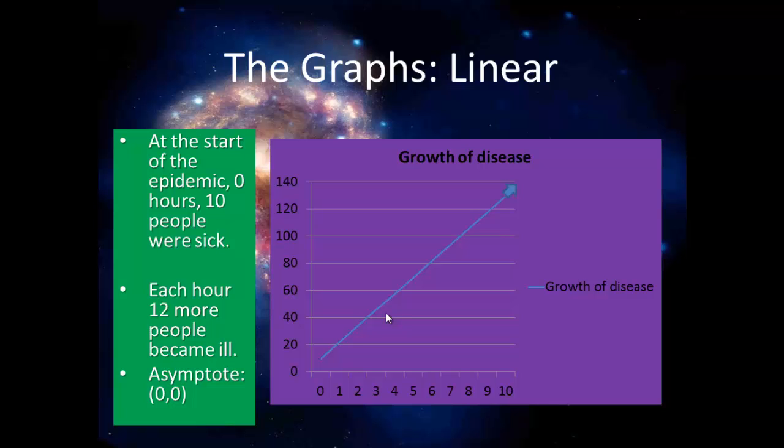And this is proof that our function was linear, because the line is straight and is steadily growing, instead of having a parabola, which is quadratic, or an exponential, which drastically changes and is curved. So the growth of this graph shows that the disease and epidemic grows steadily and not drastically.